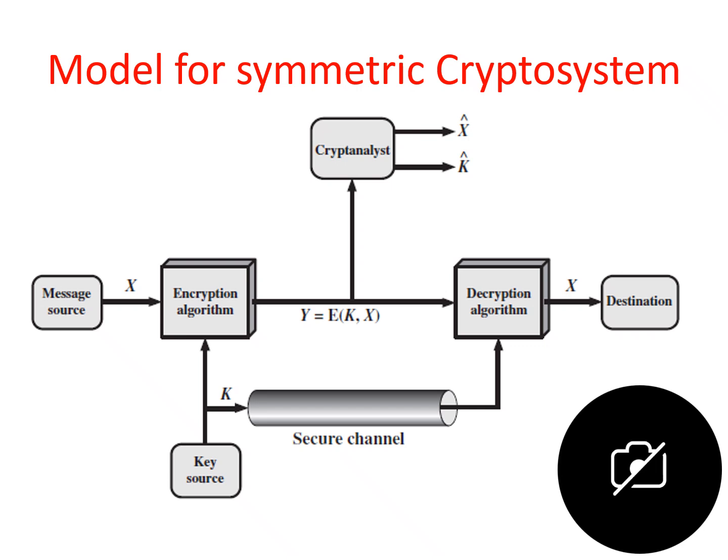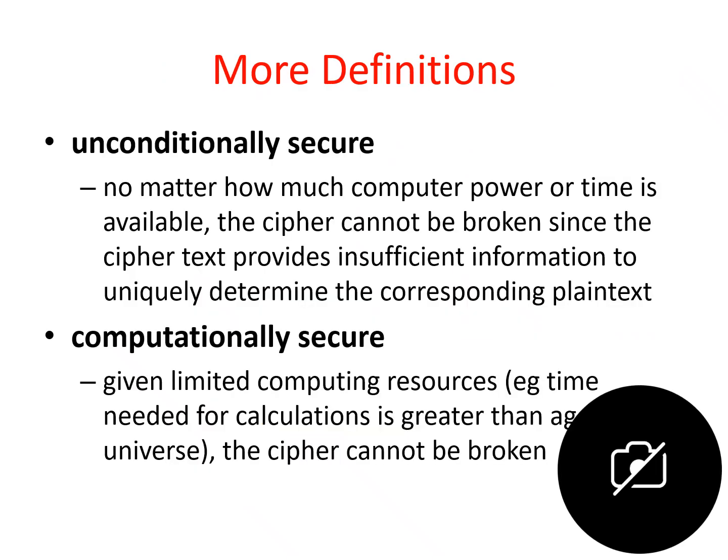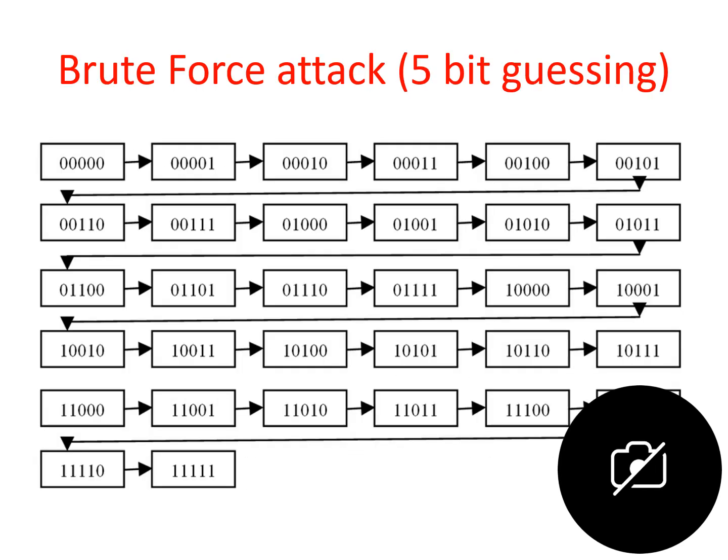Okay, this is secure: by using a secure channel, the secret key is shared between sender and receiver. Cryptanalysts can identify the secret key by trial and error methods. Okay, so next one. The particular algorithm should be unconditionally secure or computationally secure. These are the things that have been discussed here.